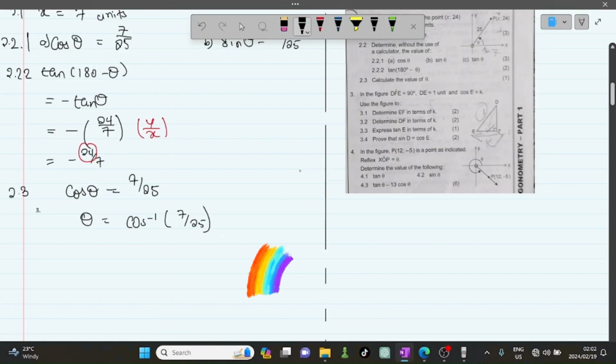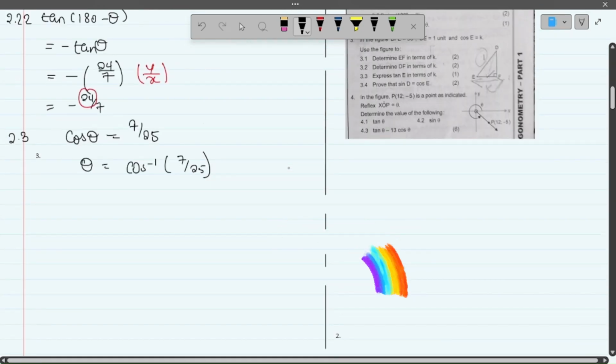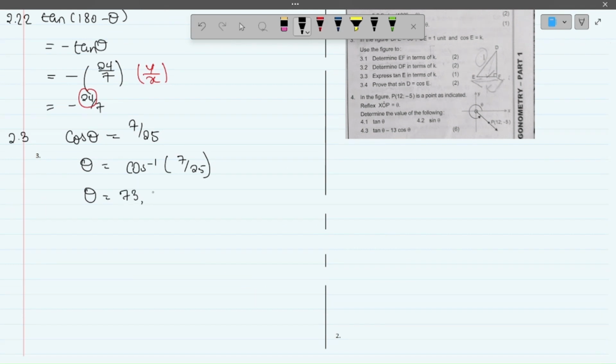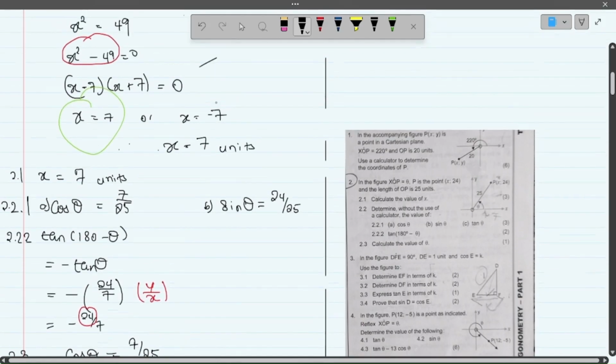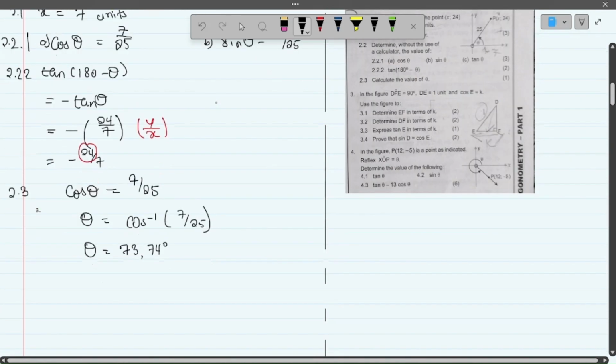So our theta is equal to 73.74 degrees, right? So basically this is our answer for this question, guys.